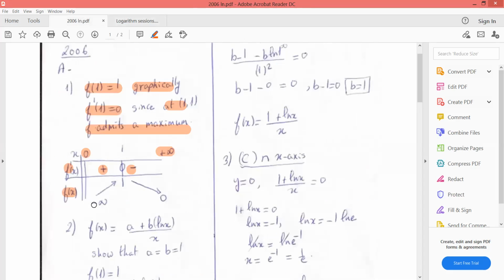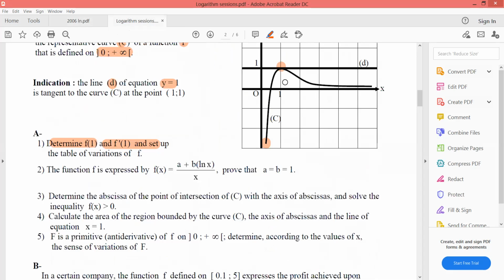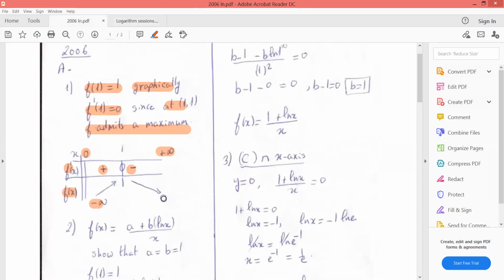This is why we put minus infinity here. At plus infinity it is 0. At 1 we have 1. You also notice that f prime of 1 is 0.